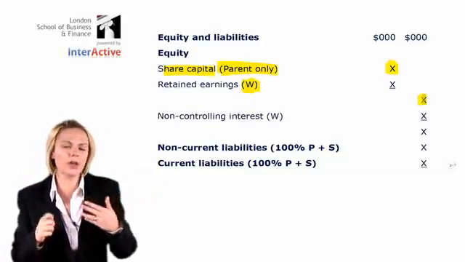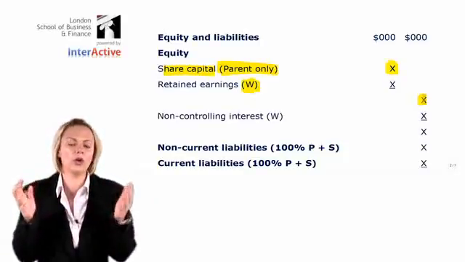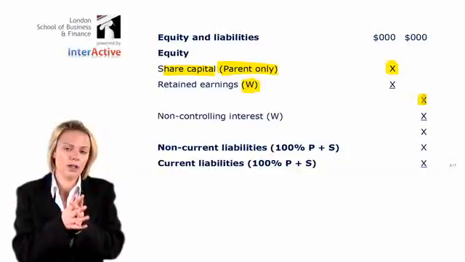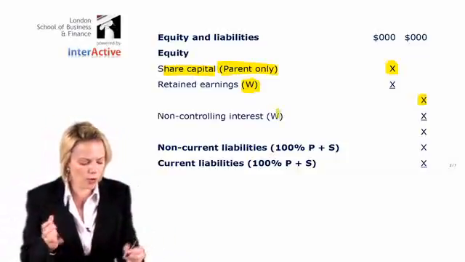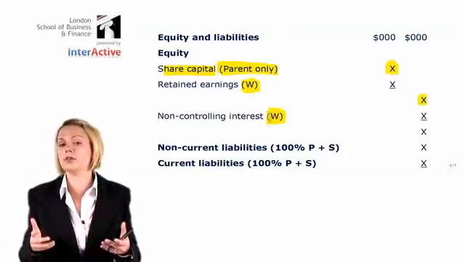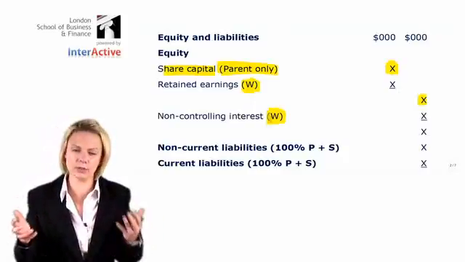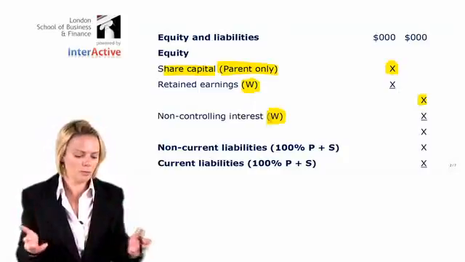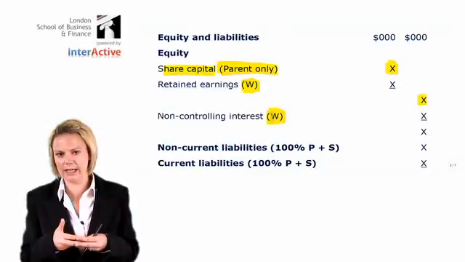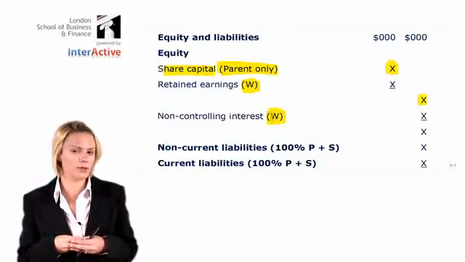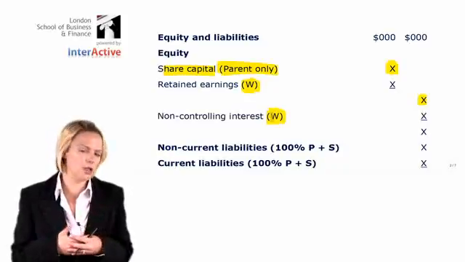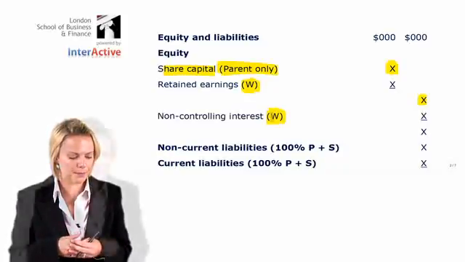But we have to show that the parent doesn't own all of the group. They control all of it, but they don't own all of it. We then have to show the non-controlling interest, the proportion of the group that we don't own. In other words, 20% of the subsidiary, let's say. We have to give them their share of the equity in the subsidiary and reflect that in the group accounts. We'll see that working later on as well when we do it as a numerical example.